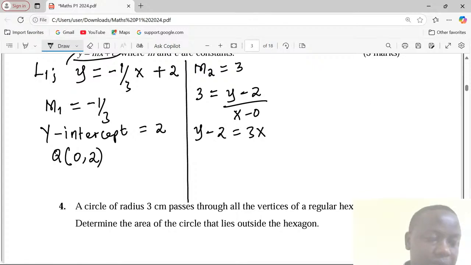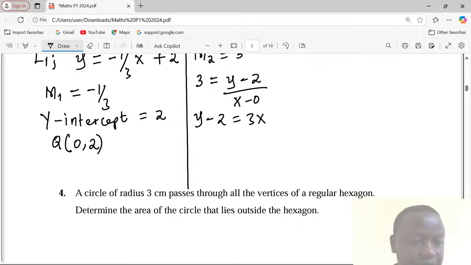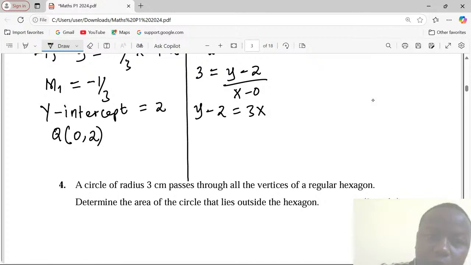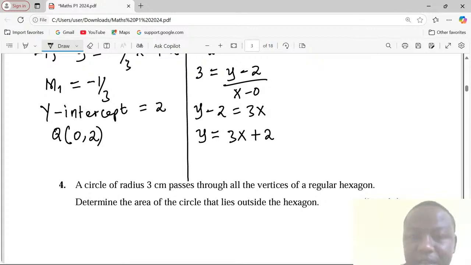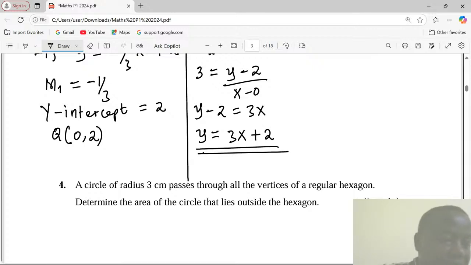Remember, x minus 0 just remains as x. Then we can write y equals 3x plus 2. So this is now the equation of L2 in the said format.